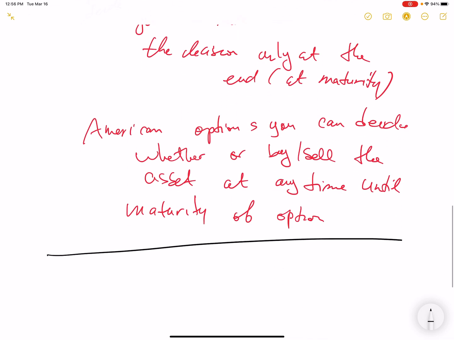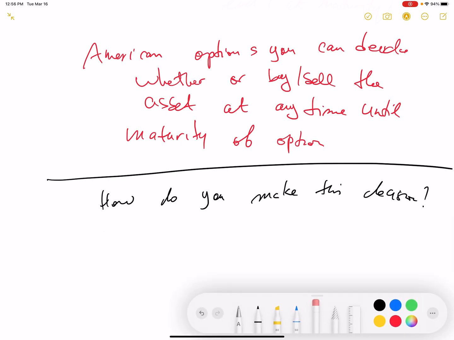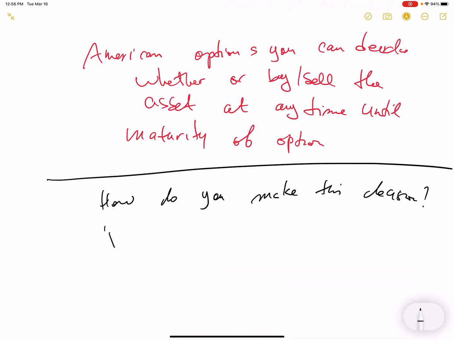Now, how do you decide? How do you make this decision? Okay, so you want to look on the price of the asset at option maturity.